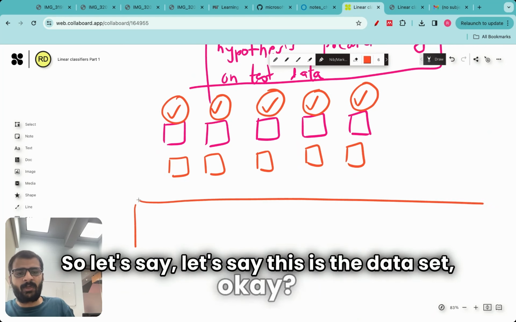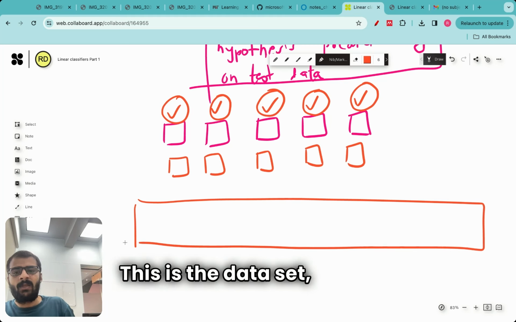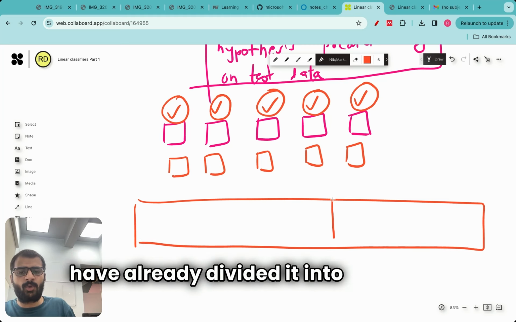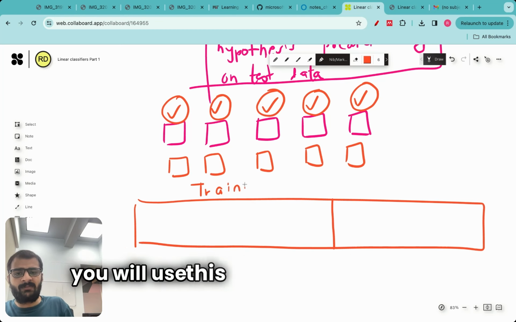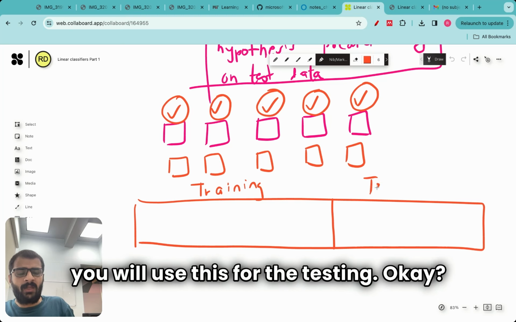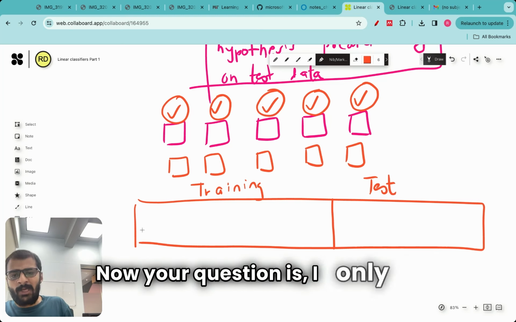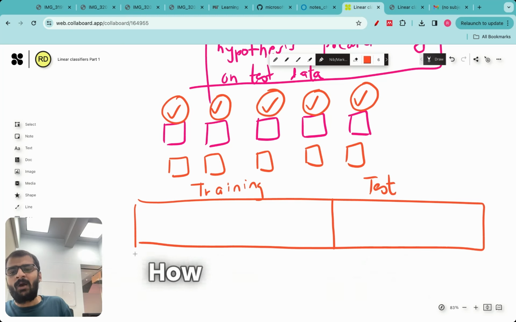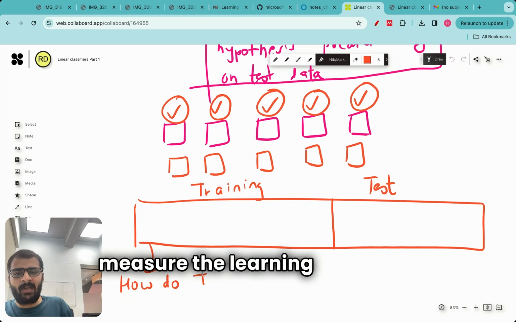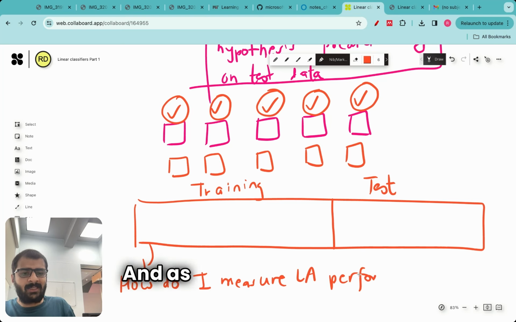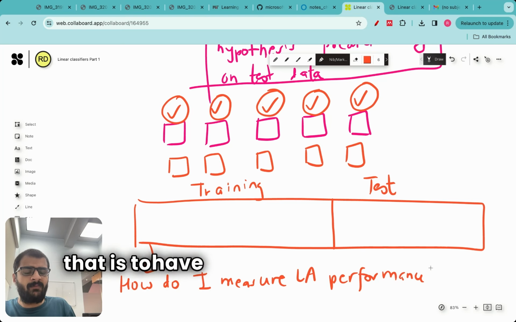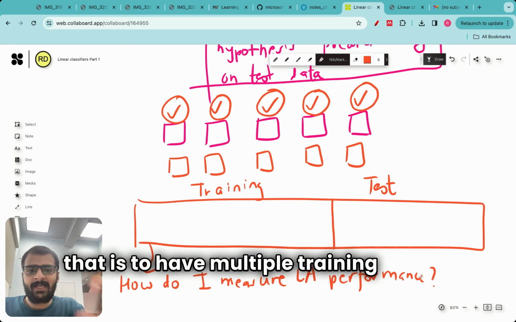So let's say this is the data set, and you have already divided it into two parts. You will use this for the training, and you will use this for the testing. Now your question is, I only have this as the training data set, right? How do I measure the learning algorithm performance? As I saw, one way to do that is to have multiple training testing pairs.